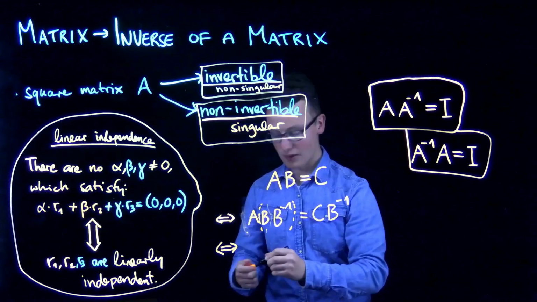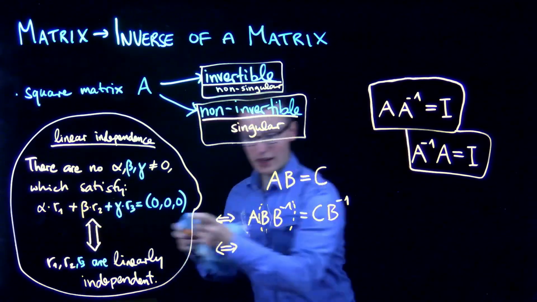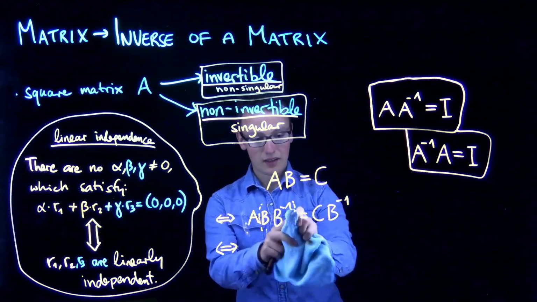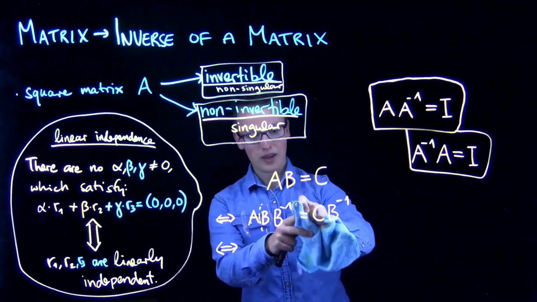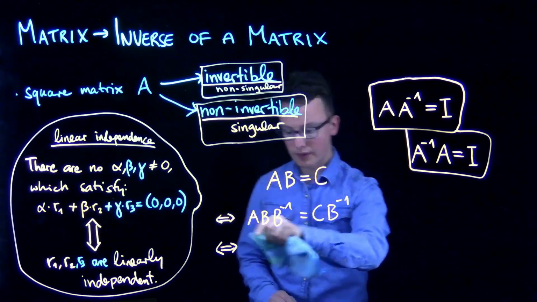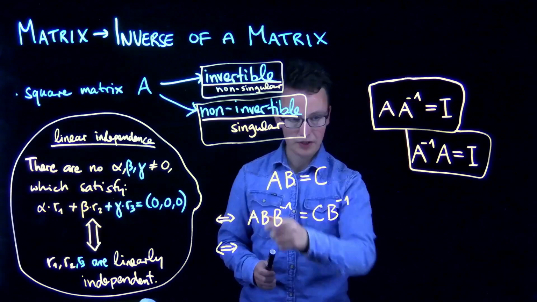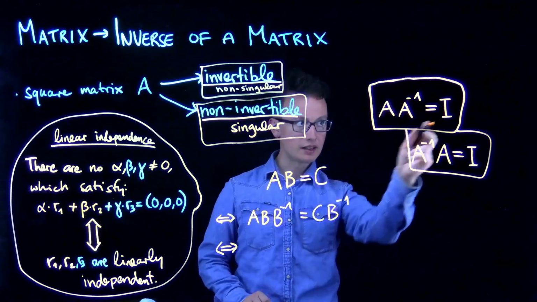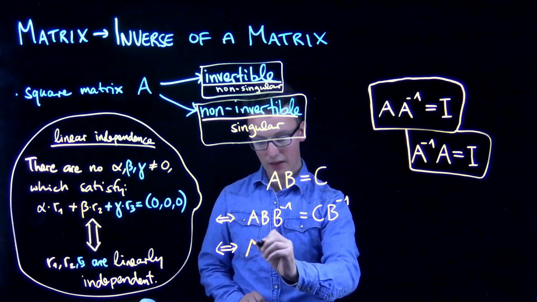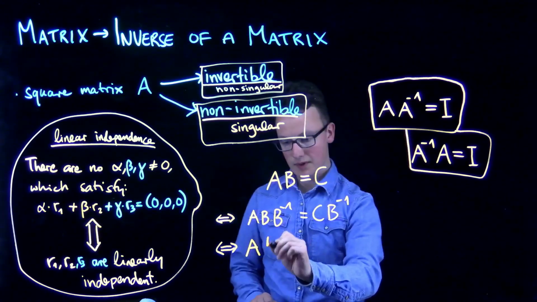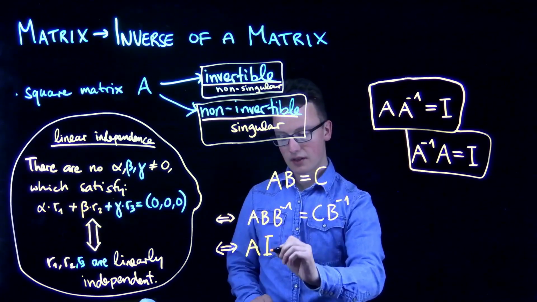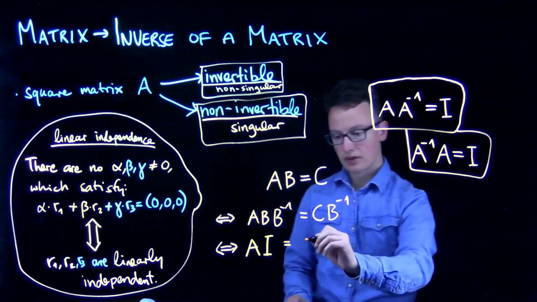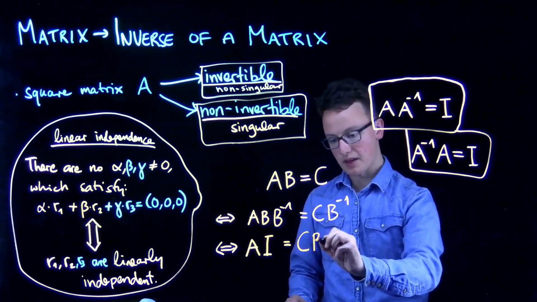So that's totally equivalent. And if I now take the inverse of B, and to the left of it I have the original B, then this together, B times B inverse, will be the identity. So I can write A times the identity matrix is equal to C times B inverse.